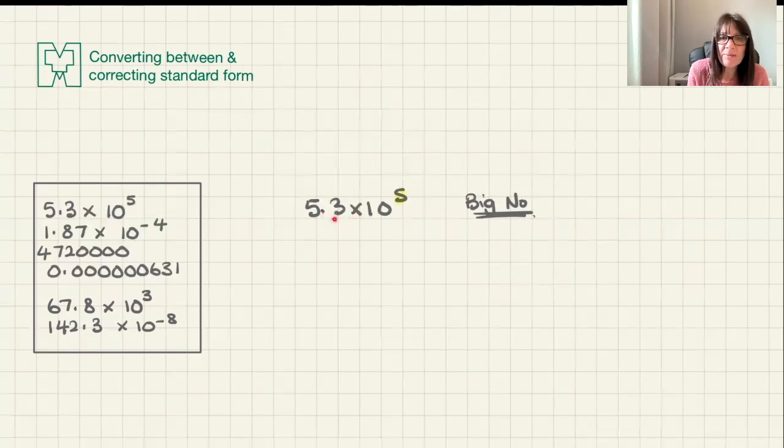So if I went one place this way, I'd get 53. I know I'm going in the right direction. That's a bigger number, but I'm going to need to move that 5 times. I follow the instruction of the power. So 1, 2, 3, 4, 5. So the point's all the way over there now, and all these empty buckets get filled with 0.